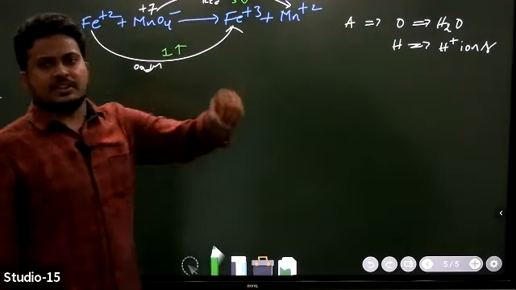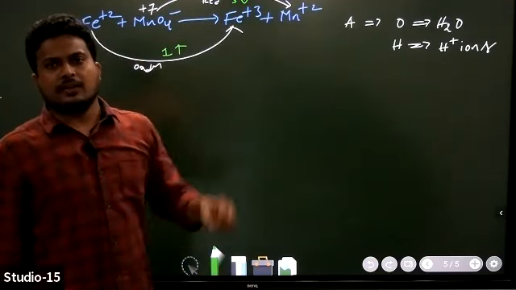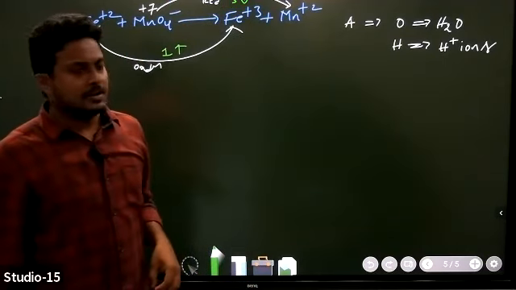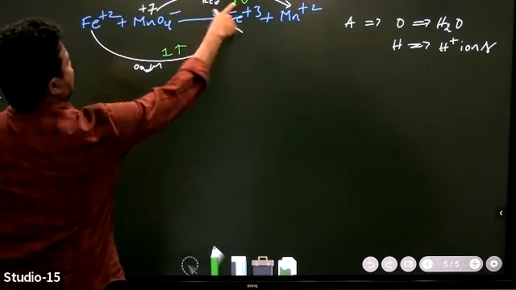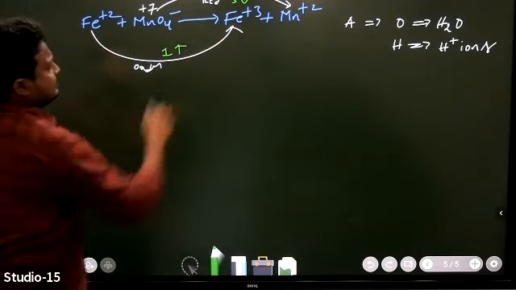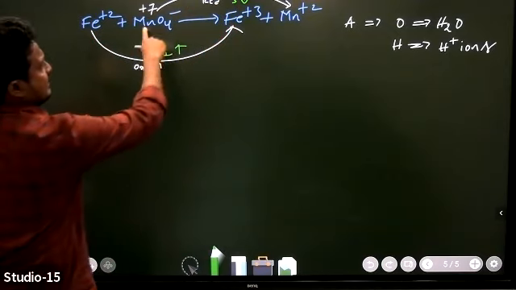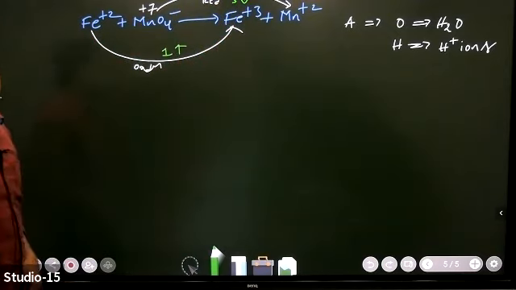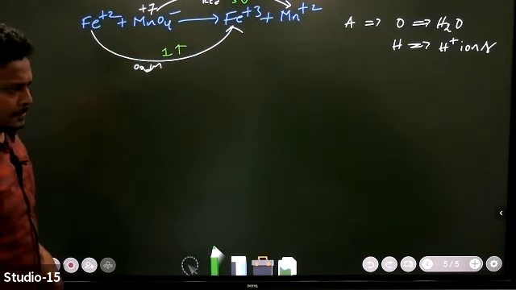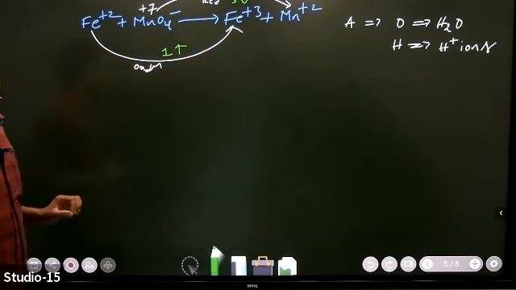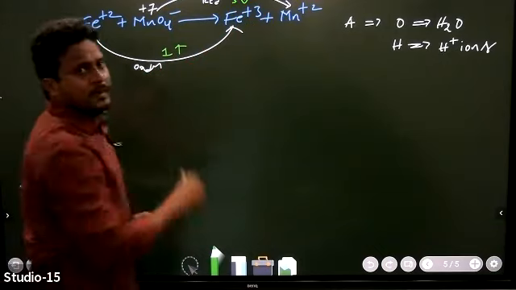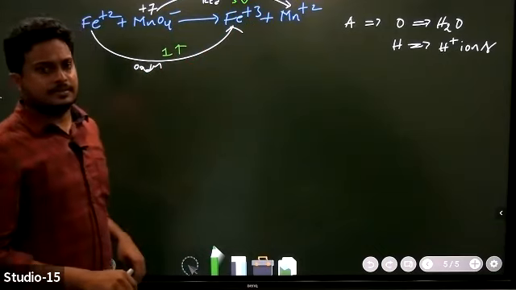Now, in the oxidation number method, first we have to balance oxidation numbers by the cross method. This 5 unit change is multiplied with the oxidation process, and the 1 unit change is multiplied with the reduction process. Are all of you clear about this point? In this step, we balance oxidation numbers.